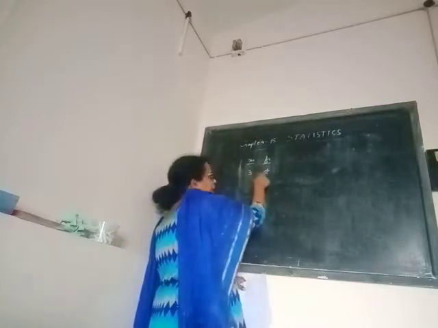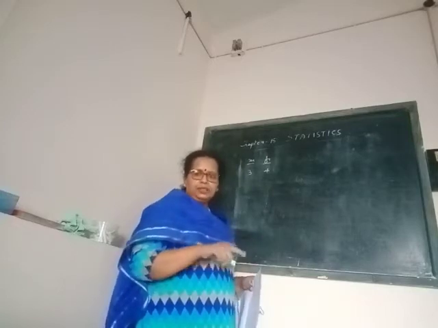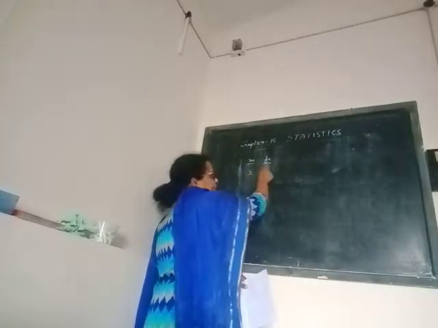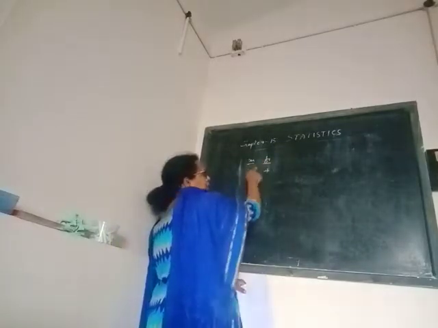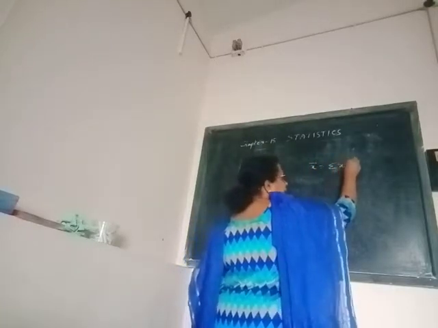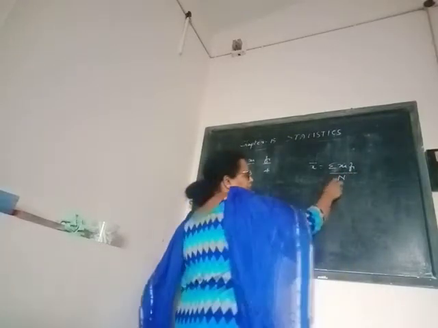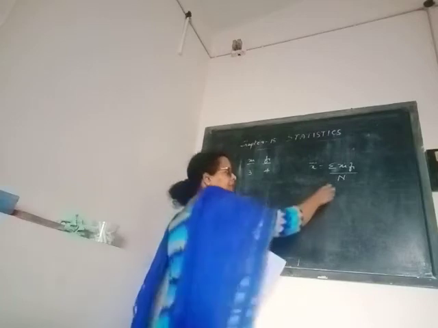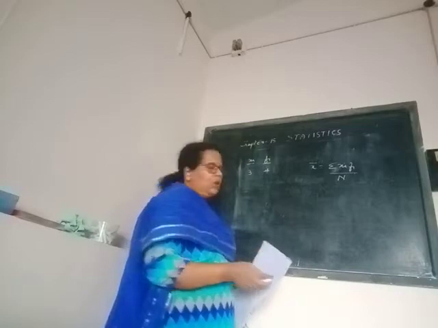So what will be sigma xi? 3 is occurring 4 times, means 3 plus 3 plus 3 plus 3, 12. Instead it is easy for us to multiply. So instead of finding sigma xi, we have to find sigma xi fi. So that formula is to be modified. X bar is sigma xi fi divided by N. Here I am using big letter N. N means total frequency, the total number of observations.